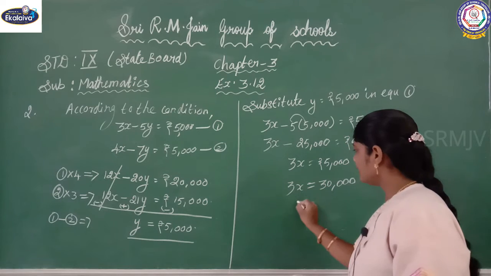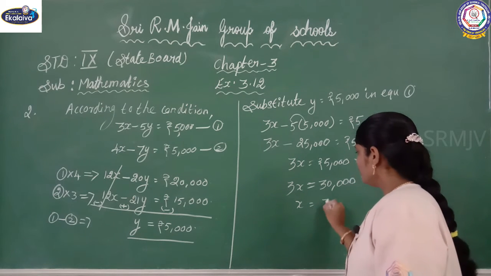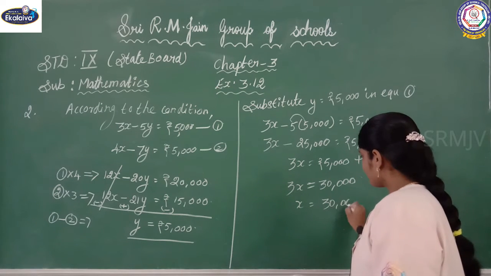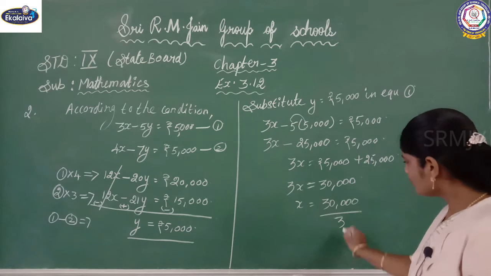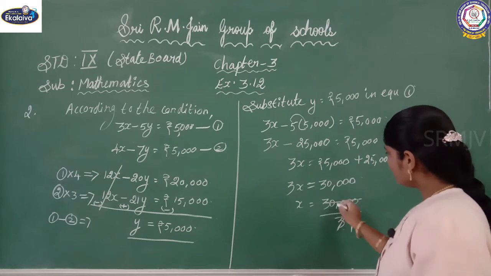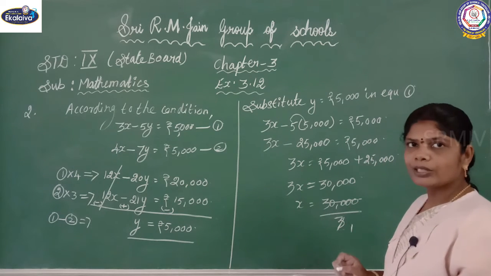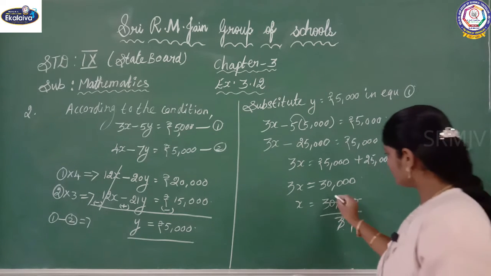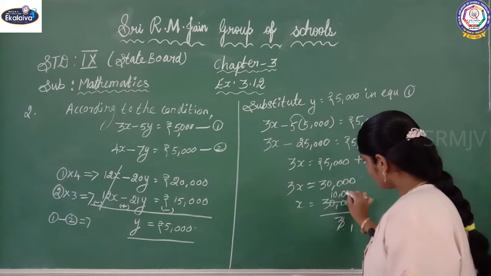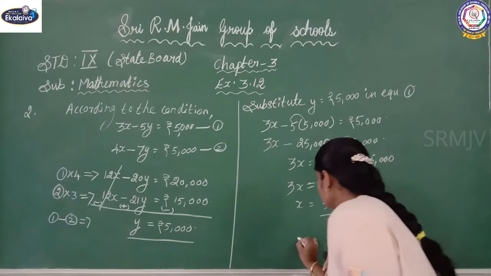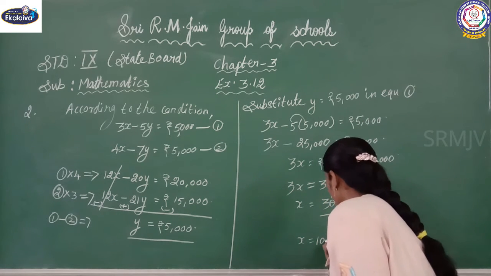To find the x value, x equals 30,000 divided by 3. 3 into 10,000 gives 30,000. So x equals 10,000.